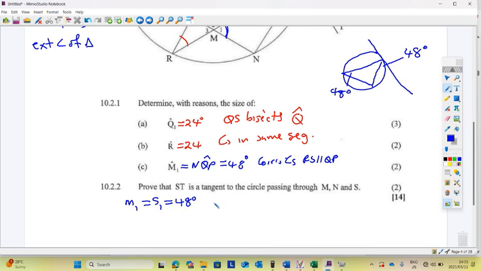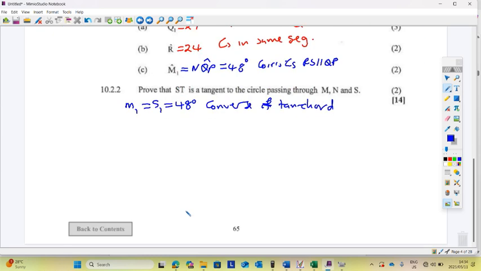The theorem there, that's the converse of tan chord theorem. That proves that ST, we have our S, our T here, is the tangent to this circle that has a triangle inside with MNS. All right.